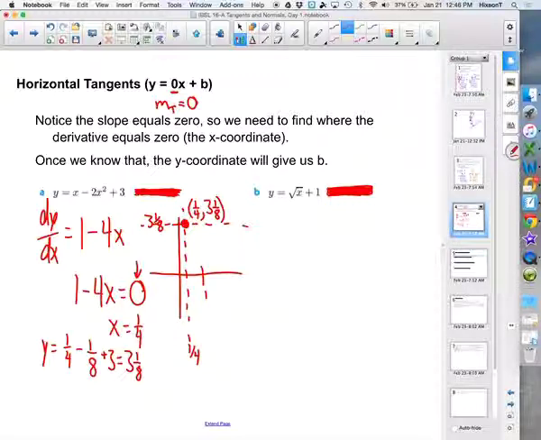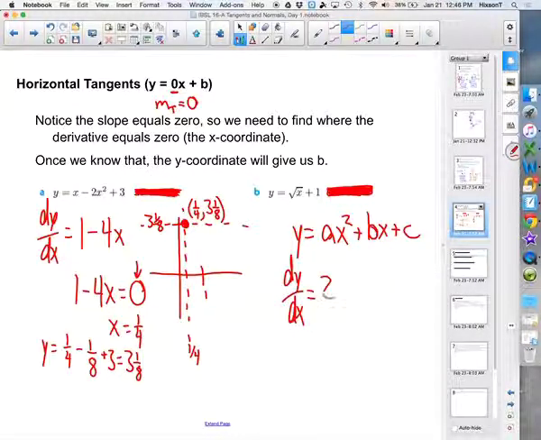By the way, a little connection here. What's the derivative? 2ax plus b. Okay? And if I set that equal to 0, I subtract the b, right?